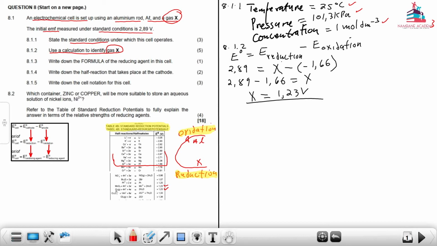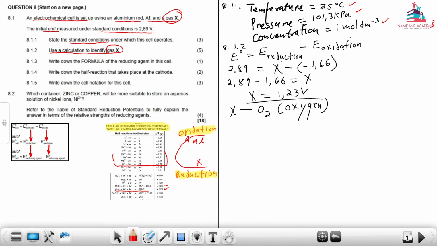I can easily look at this one of oxygen, and that will be the one we use, the only gas there is oxygen. So we can easily say X is O2, or one can say it is oxygen. This is the best way of looking into this specific question. We used the table, and we also used the formula that we have in the formula sheet.